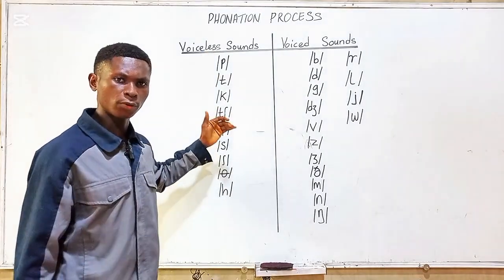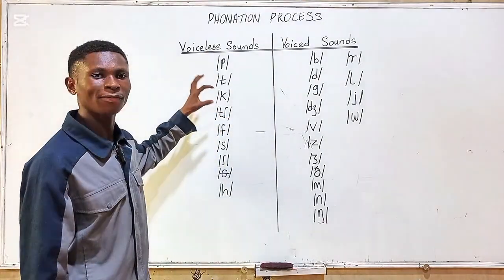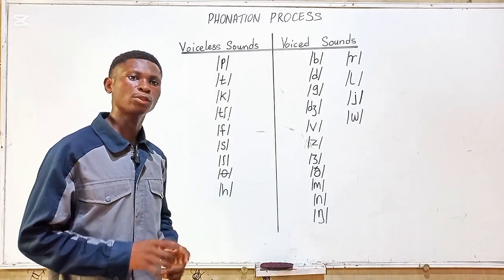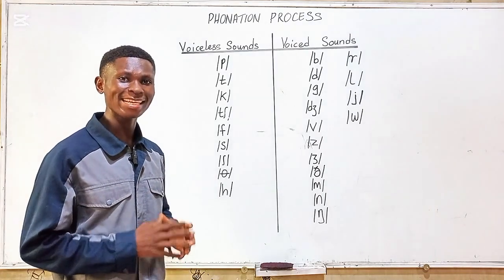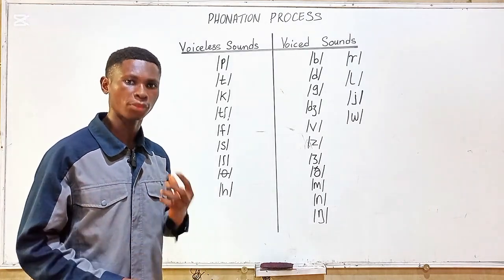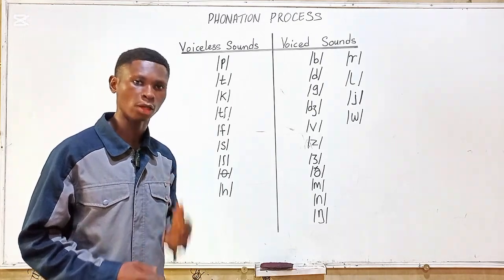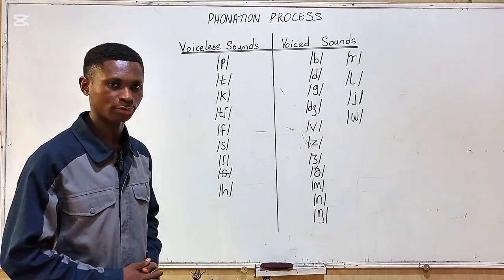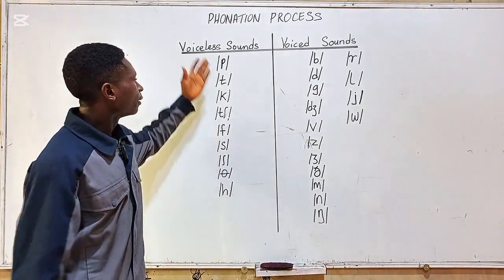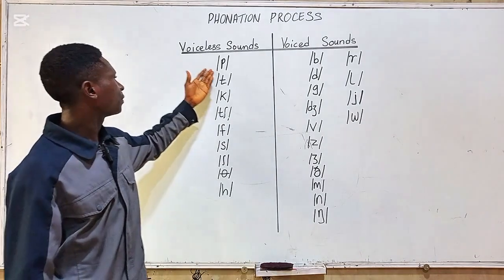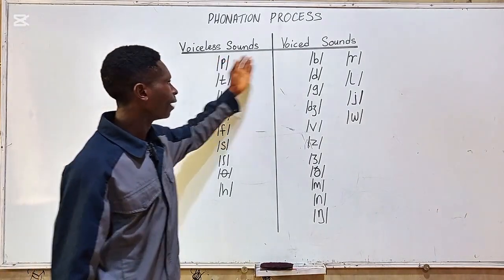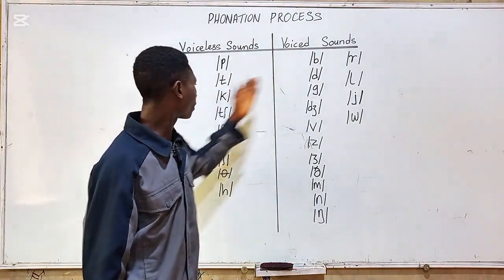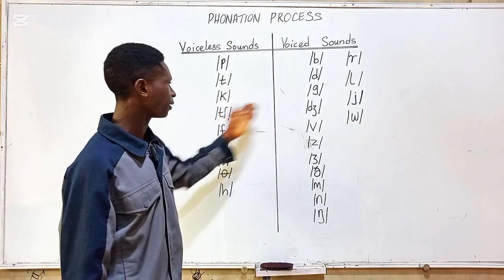Now we want to go through the articulation of each of these sounds. And what I would like you to pay attention to is the state of your throat or the state of your glottis, or you can call it your vocal cord. We want to find out the difference between the articulation of this sound and this one, this and this, this and this, this and this.